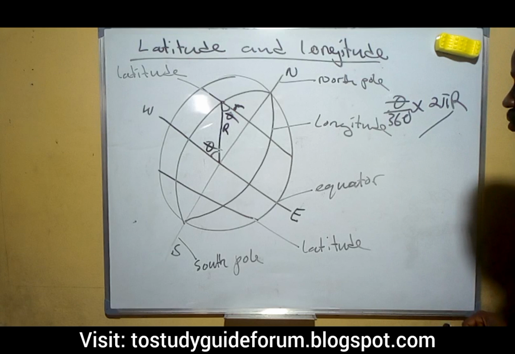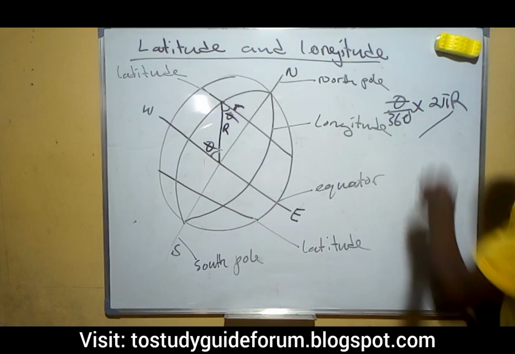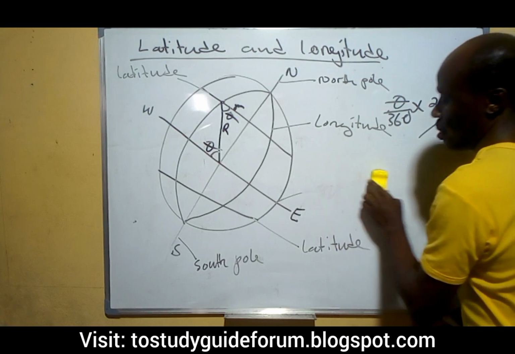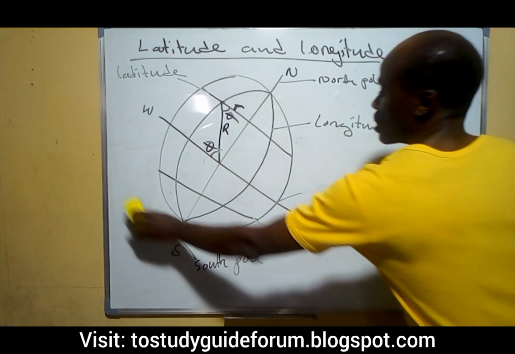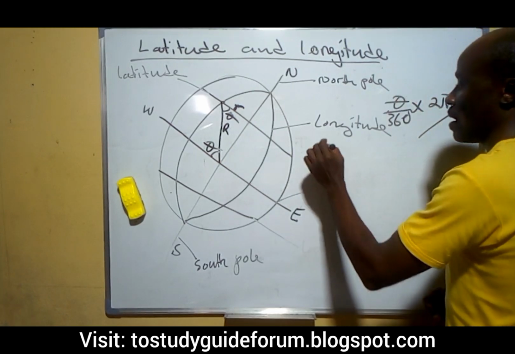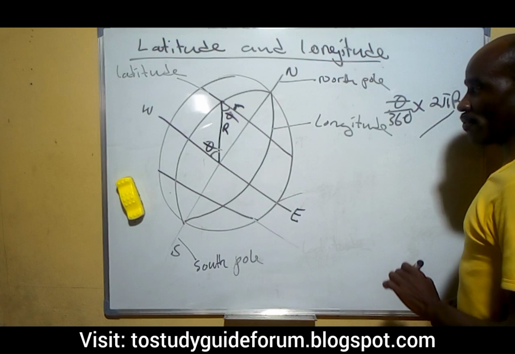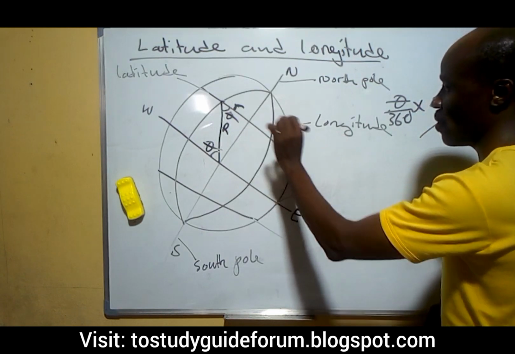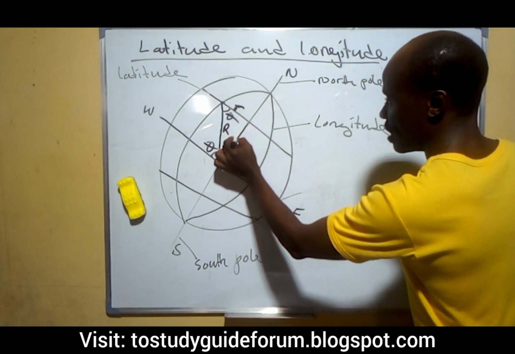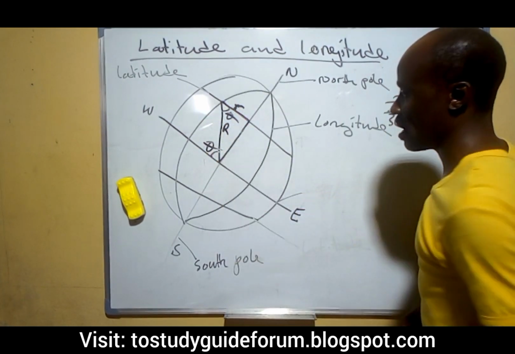Now, in order to calculate this radius, the next thing we do is make r the subject of the formula. But before that, we need to consider this as a triangle.